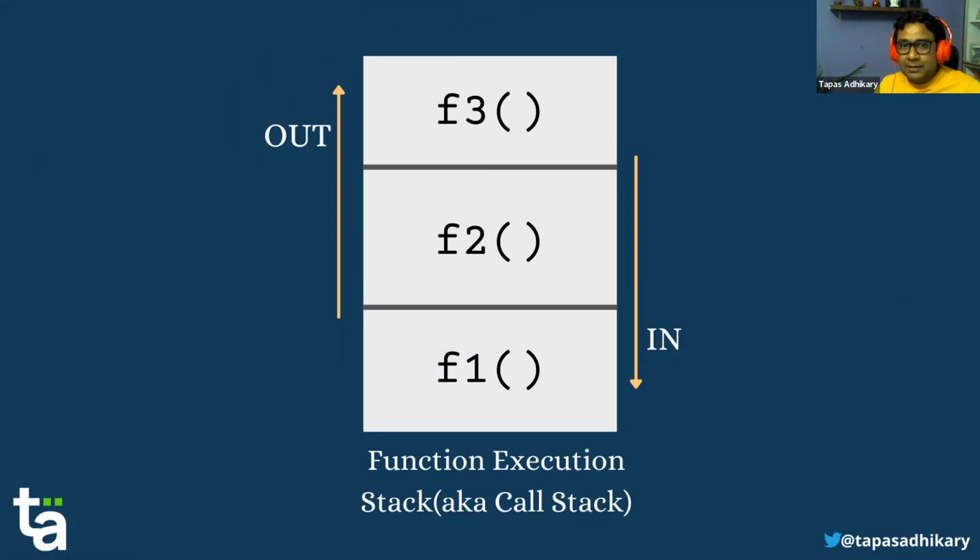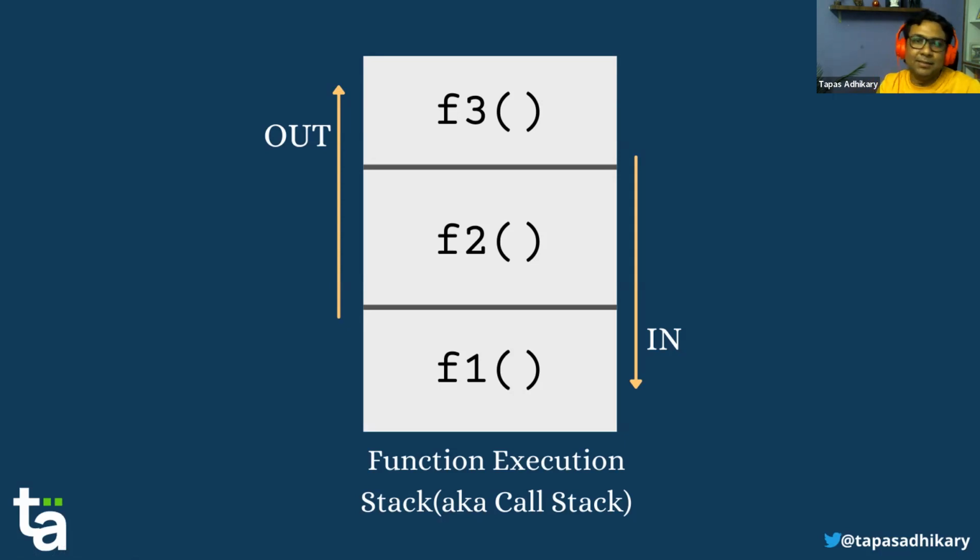So in JavaScript also, we have a function execution stack, which keeps track of the execution of the functions. Any code inside the function that executes the function itself is called function execution context. And that will be going on one by one.